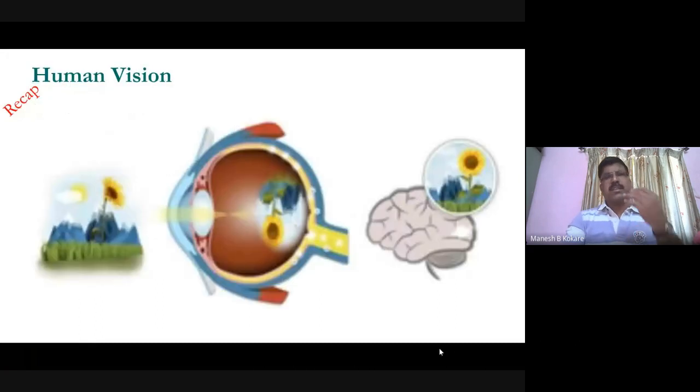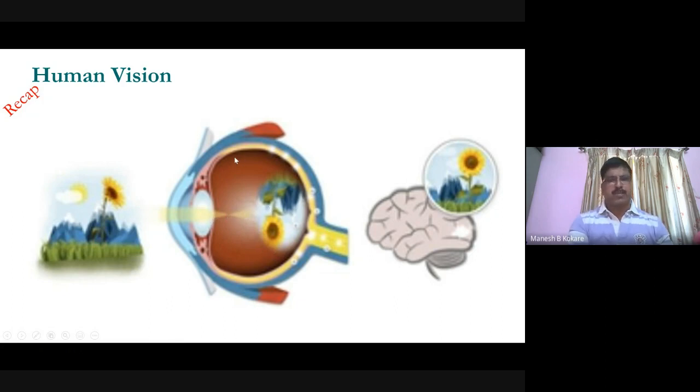Let us look at this figure. This is the scene, and light from the source, for example the sun, falls on this scene and gets reflected back. This reflected light falls on the cornea. The cornea directs this light through the pupil and iris, then it passes through the lens, and then it falls on the retina.